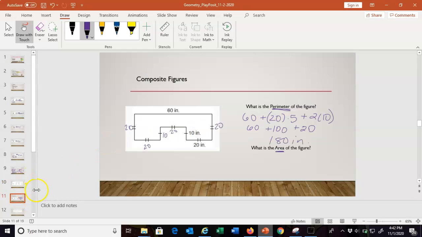So we need to probably break this up into a few different sections, right? I see a few shapes here. Do you guys see that? This is why it's composite, because I see three separate shapes poking out at me.